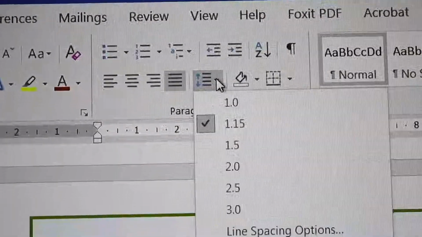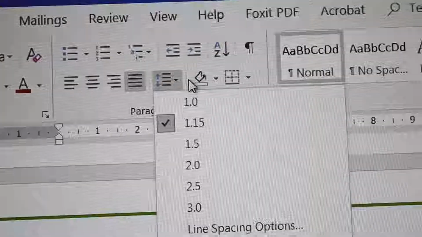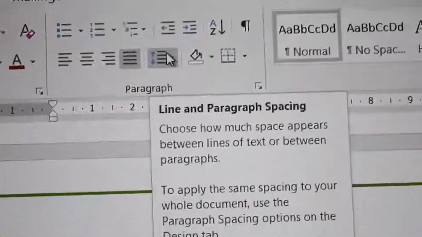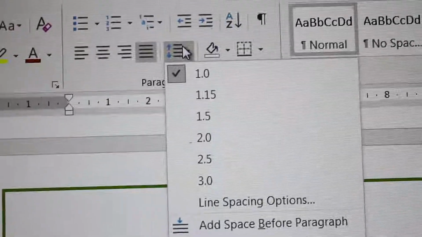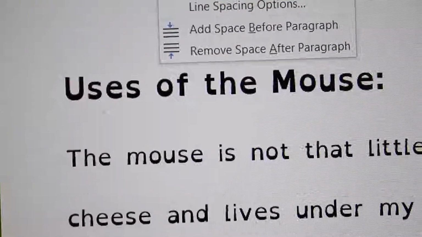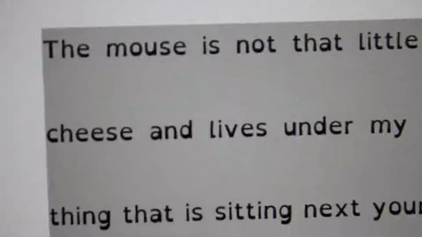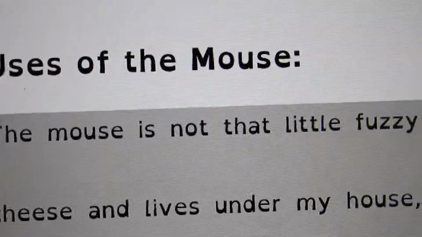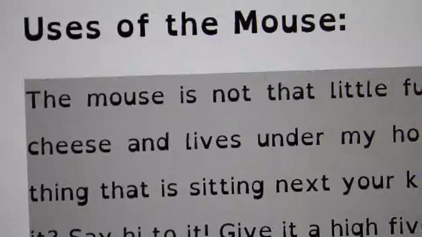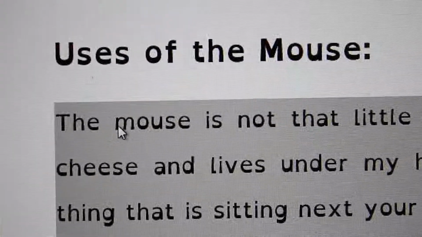We can also play with our line spacing, alright? So how much space is in between our lines of text? Single spaced doesn't give you a lot of space, but if you go double spaced, you see there's now quite a lot of space between the text. I quite like to go with 1.15. It makes it a lot easier to read, okay?